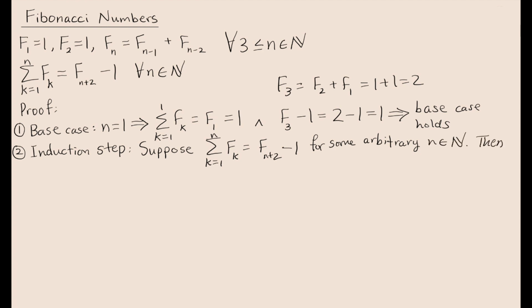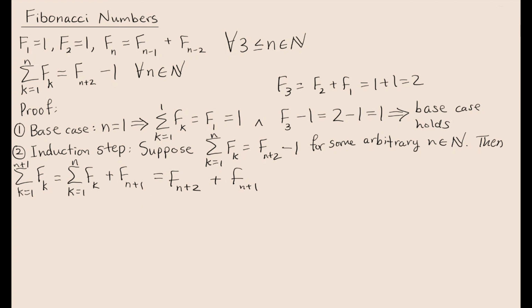Then the sum from k = 1 to n+1 of f_k is just the sum from k = 1 to n of f_k plus f_{n+1}. So this right here, again, is my induction hypothesis. If I use that over here, I can say that this is equal to f_{n+2} minus 1, and then I have to add my f_{n+1}.